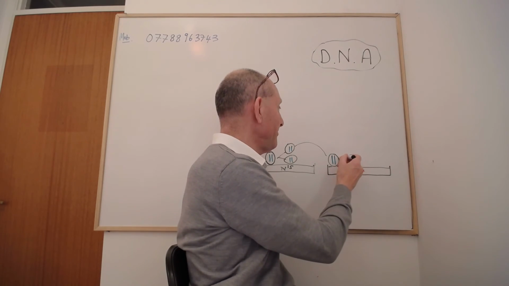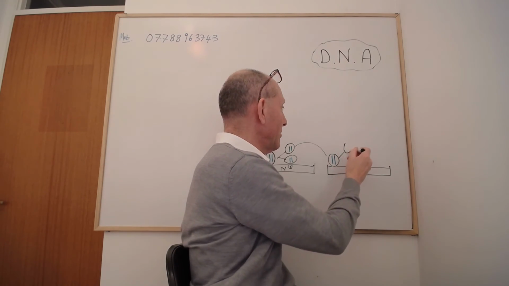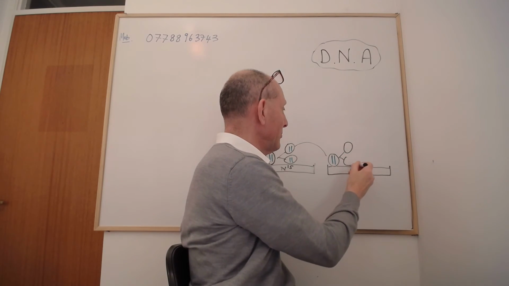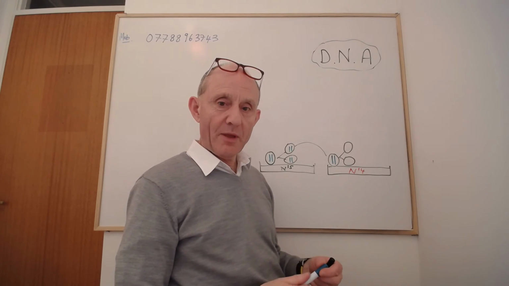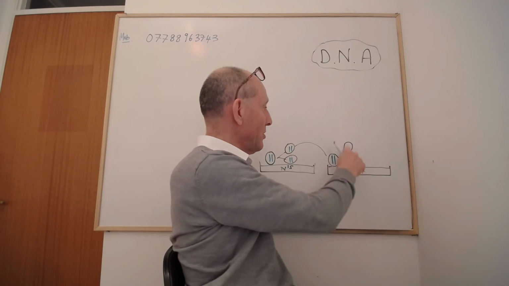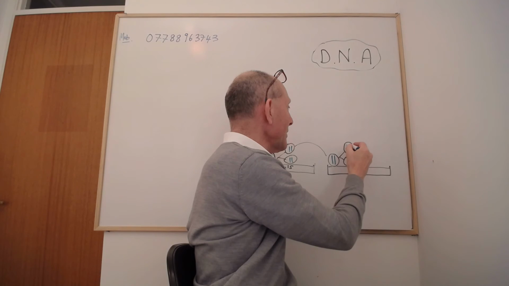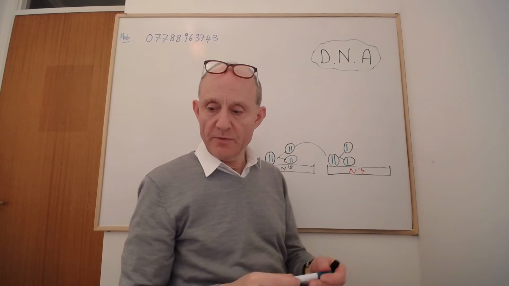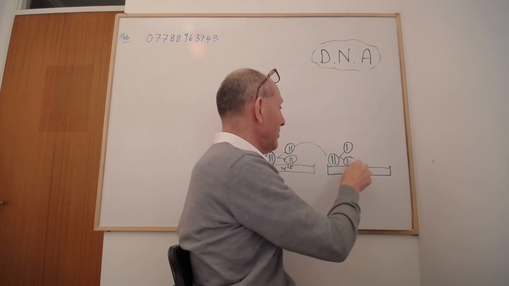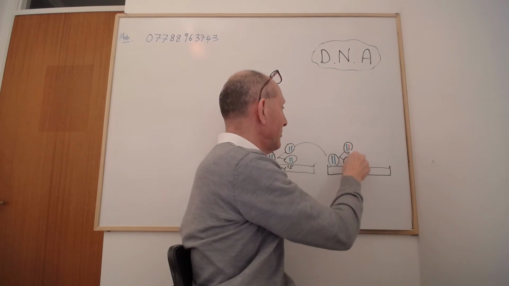So this bacteria divided and made 2 bacteria. I'm just making them very big there. Now, what they discovered was that these 2 bacteria, each of them contained a strand from the parent, which is nitrogen 15, but the other strand contained nitrogen 14.